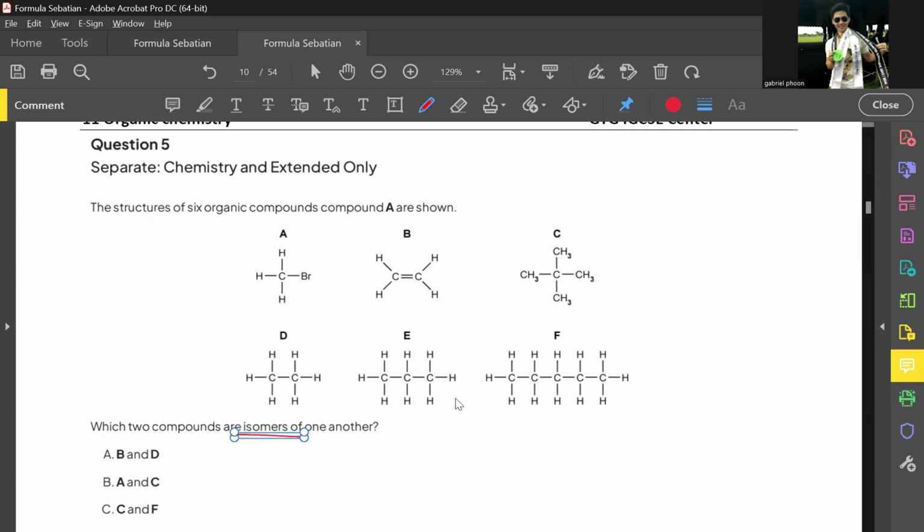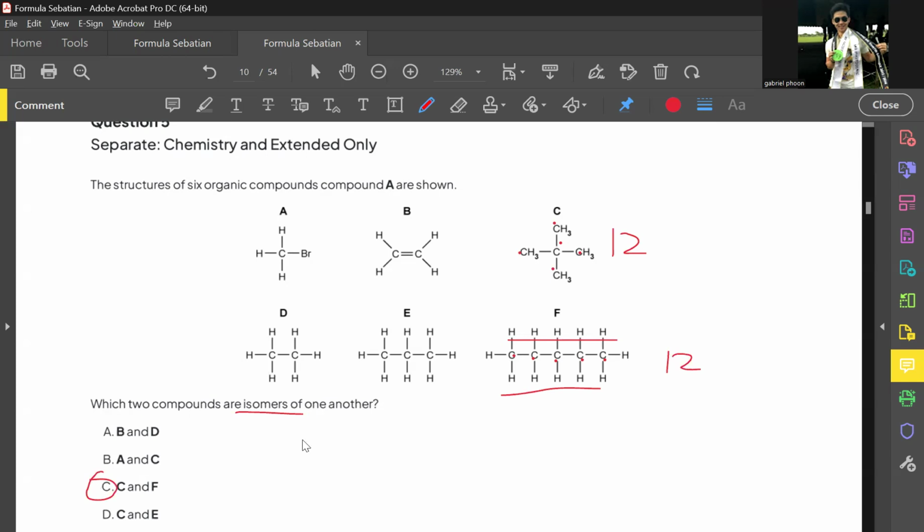Isomers, same molecular formula, different structural formula, right? Yeah, 1, 2, 3, 4, 5 carbon, 1, 2, 3, 4, 5 carbon. Then there's going to be like 12 hydrogen here, and if you count it manually, you'll have 12 hydrogen here. So your answer is C and F. It cannot be any other thing because the only one that comes close is going to be B and D. But when I say come close, I mean to say in terms of carbon only. They don't even have the same hydrogen.